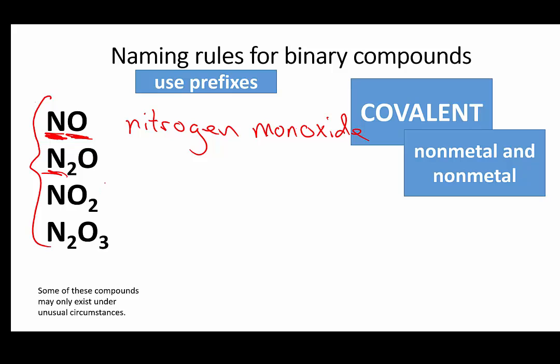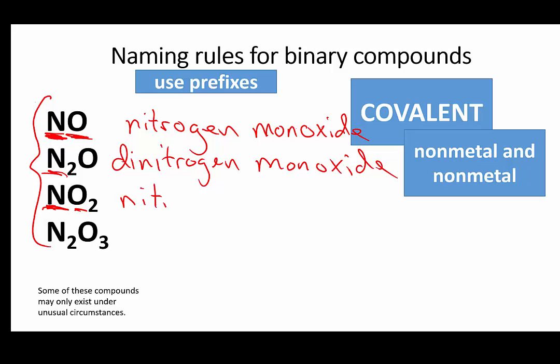Now here we have 2 nitrogens, so we're going to put a prefix of di for 2: dinitrogen, and once again we have 1 oxygen, so it's going to be monoxide once again. Now in this example we have 1 nitrogen and 2 oxygens. We don't have to use a prefix with only one of the first element, so we're just going to write nitrogen.